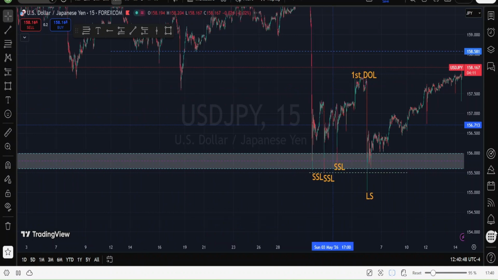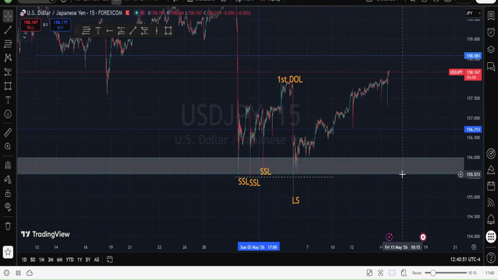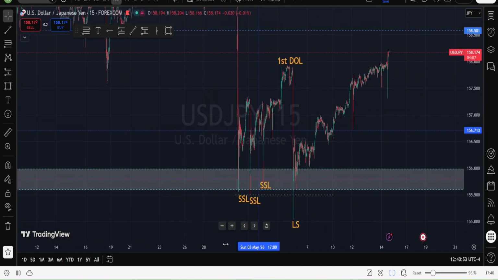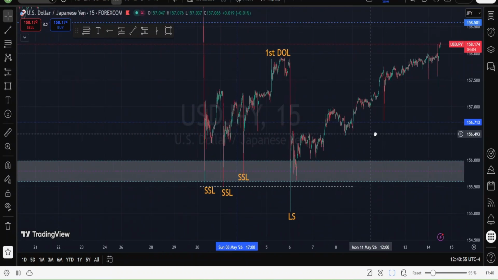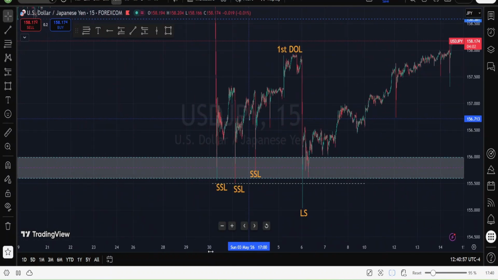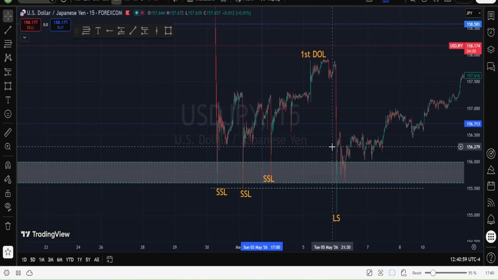So this is it. You can see how clear it is, how these are the places where liquidity sits. So we know that liquidity sits on this area.